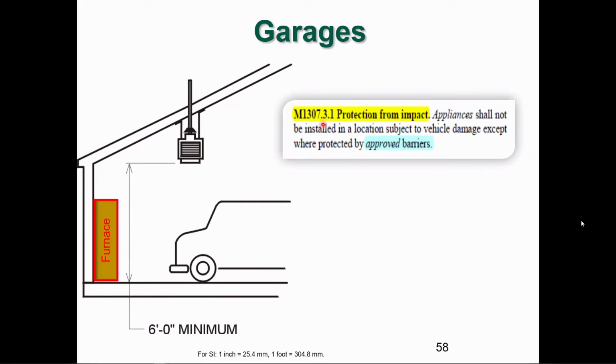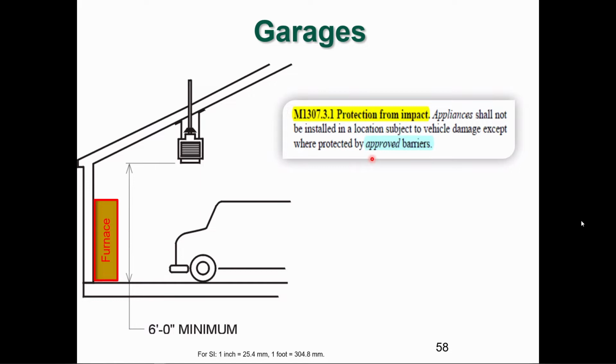So I go to this section here and I say, okay, appliances shall not be installed in a location subject to vehicle damage except where protected by approved barriers. I'm excited because I see an italicized word called approved. I could find that in definitions. If you have a code book, somebody go look that up.